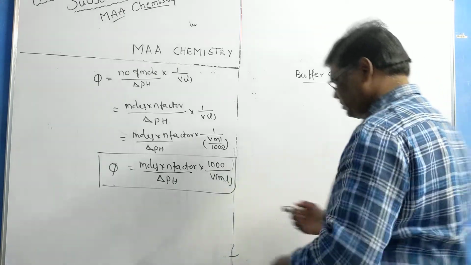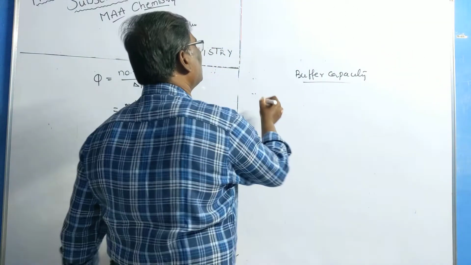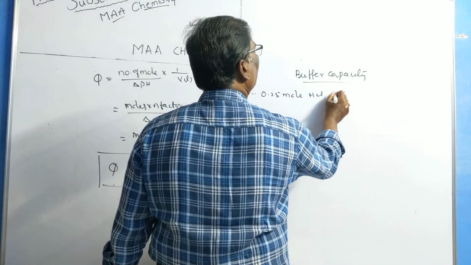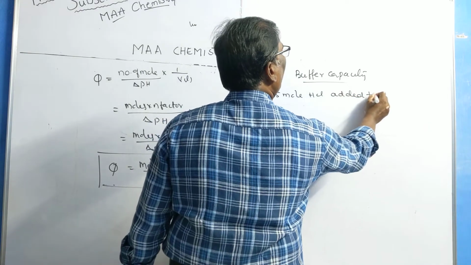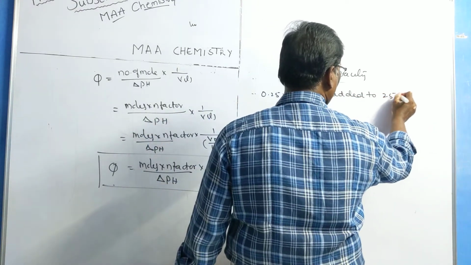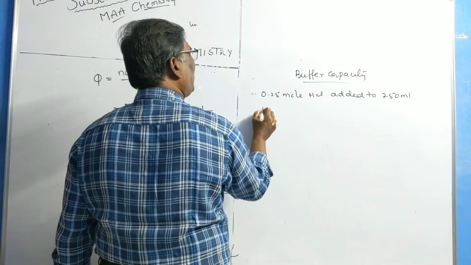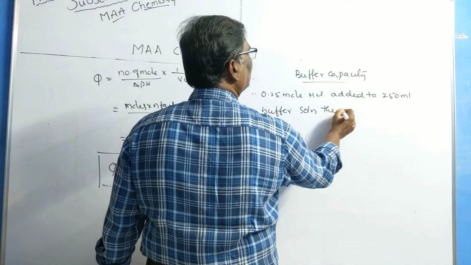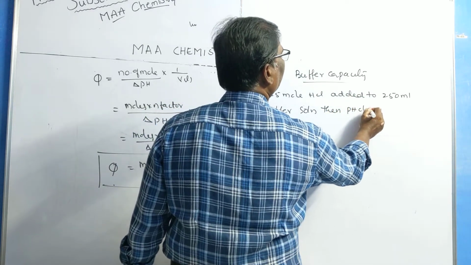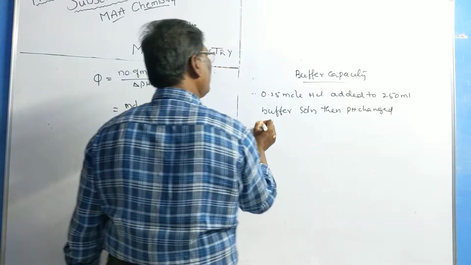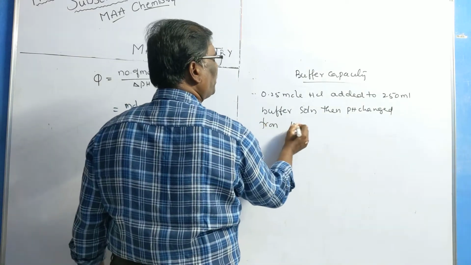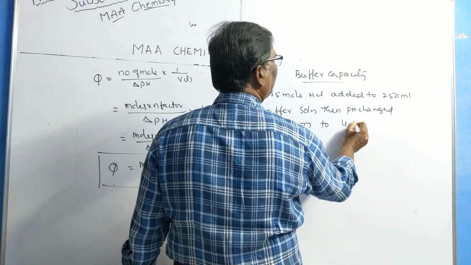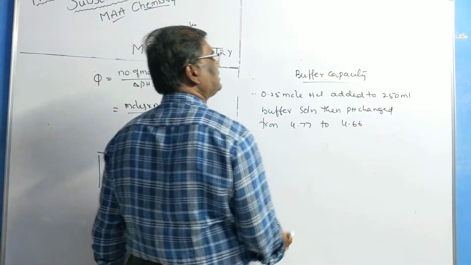Let us suppose 0.25 mole of HCl is added to 250 ml of buffer solution, then pH changed from 4.77 to 4.66.